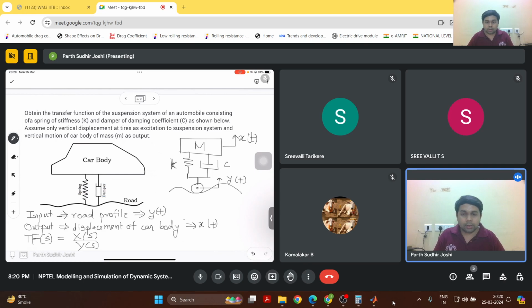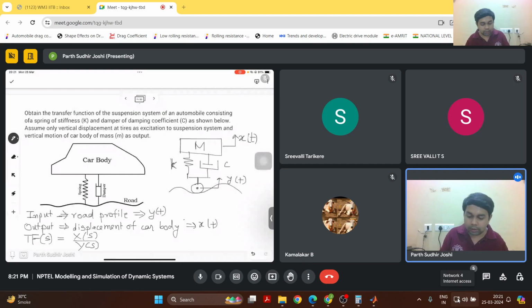We get that by drawing the free body diagram of this mechanical system. It's a simple spring mass damper system, where generally the base of the spring and damper is fixed. Here it's a movable base, so what will change is just the expressions for the spring force and damping force. That's all that would be different in this case.